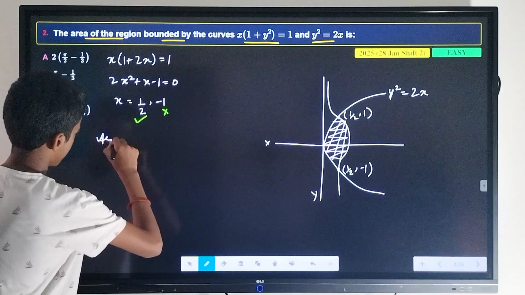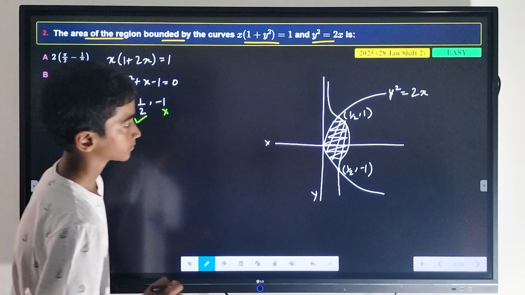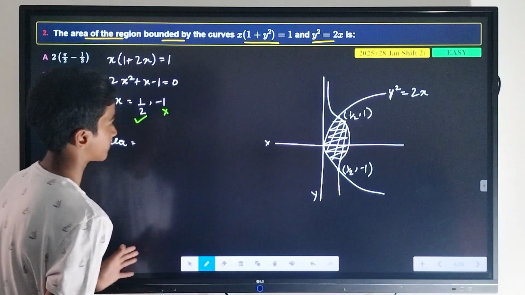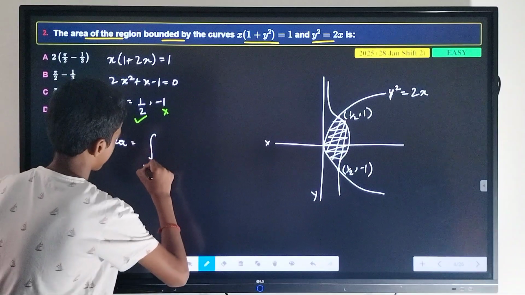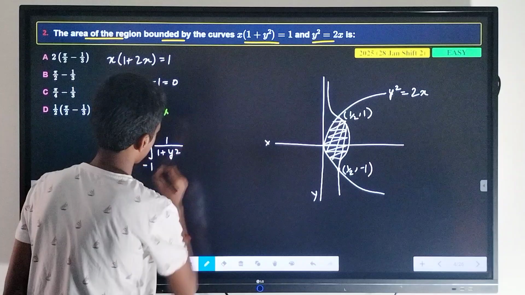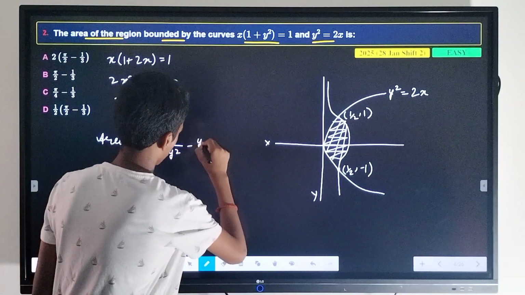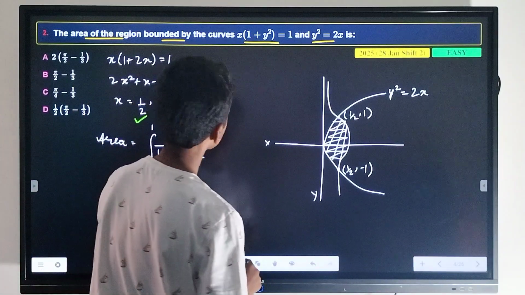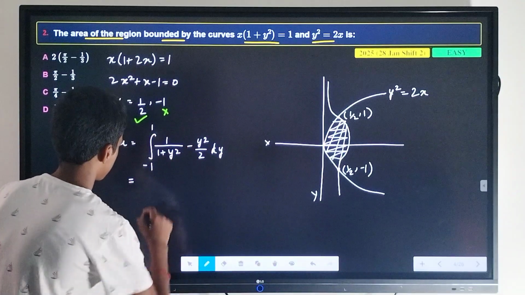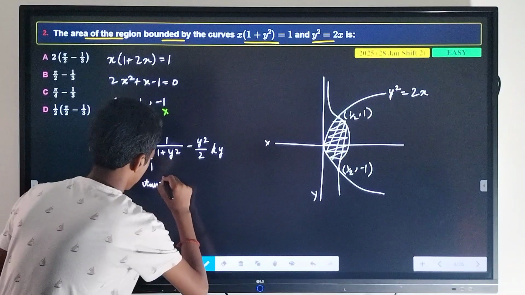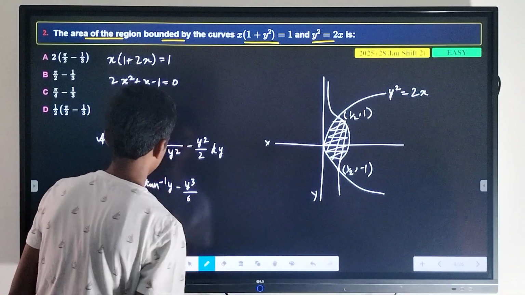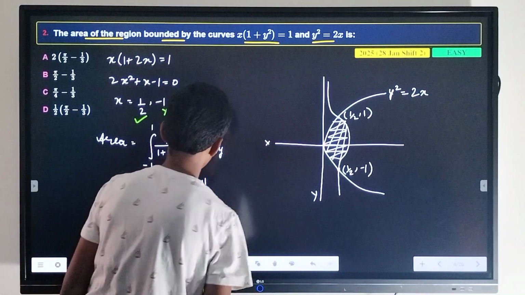So our area is equal to, we will calculate the area with respect to the y-axis. So from here our area will be integral from minus 1 to 1, 1 upon (1 plus y square) minus y square upon 2, dy. So this is equal to tan inverse y minus y cube by 6 from minus 1 to 1.